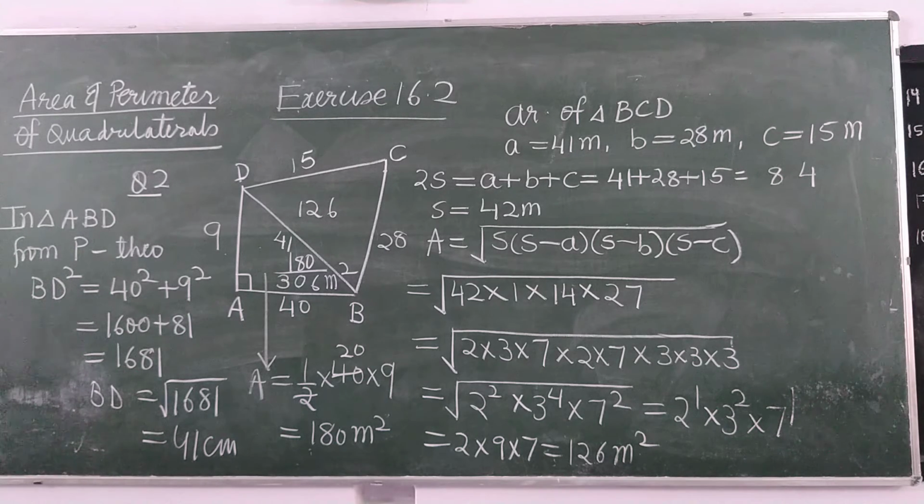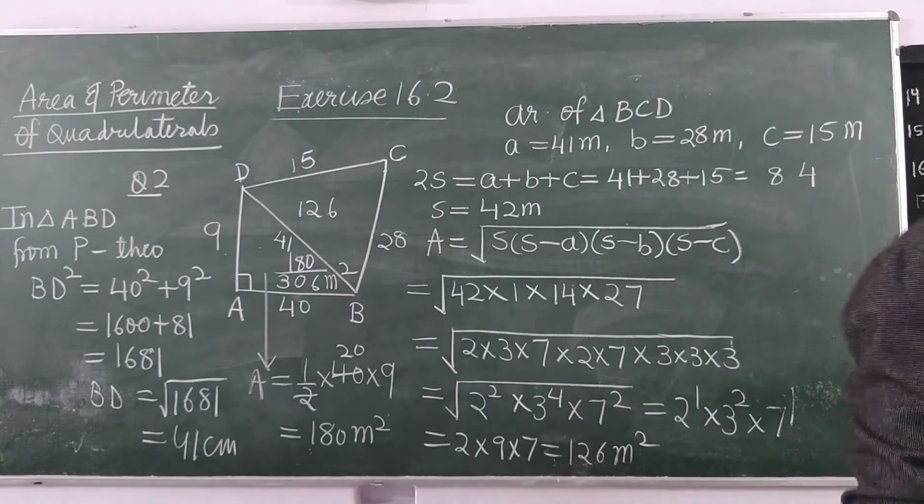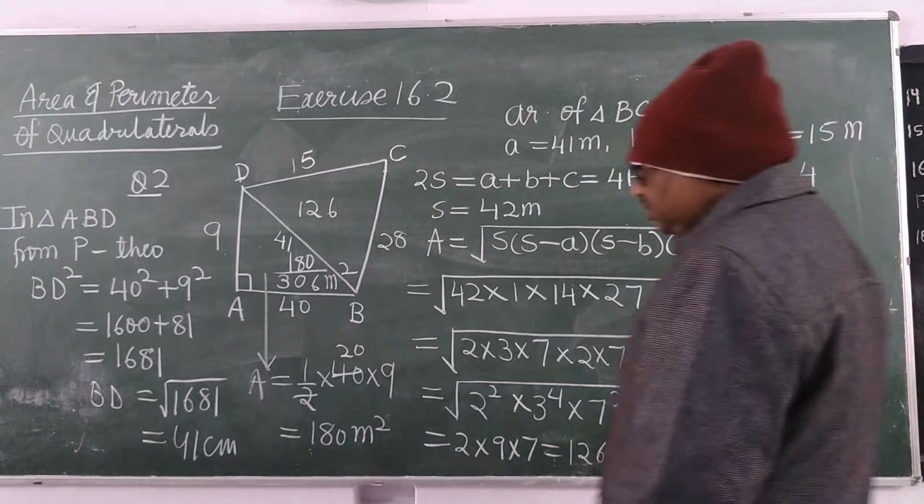Perhaps question number 3 is also of the same pattern. In that also you will split the quadrilateral into 2 triangles and find the area.